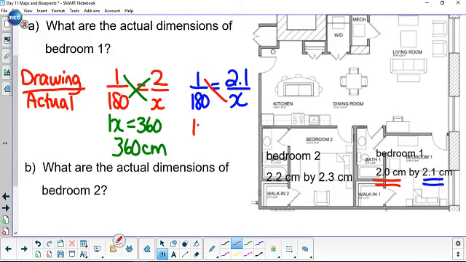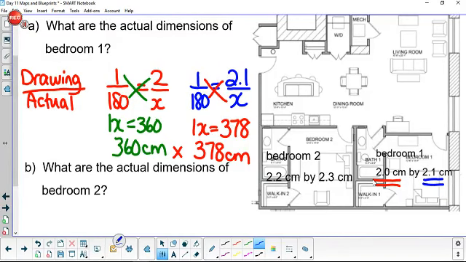So 1 times x is 1x. 180 times 2.1 is 378. So it's 378 centimeters. So the dimensions of the actual bedroom are 360 centimeters by 378 centimeters. This would then help a contractor determine how much material they might need in that bedroom.